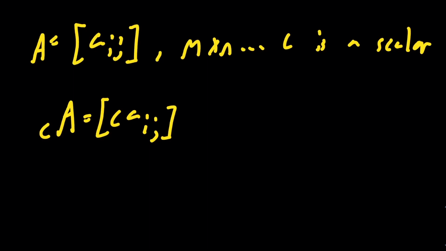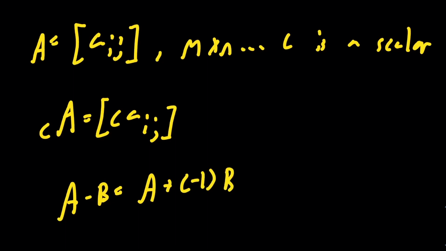So you can use minus A to represent a scalar product as -1 times A. That is, A minus B is equal to A plus -1 times B. And that's how you can apply scalar multiplication fundamentally.